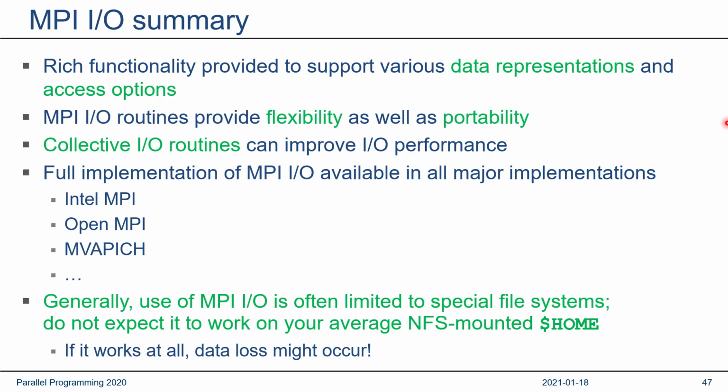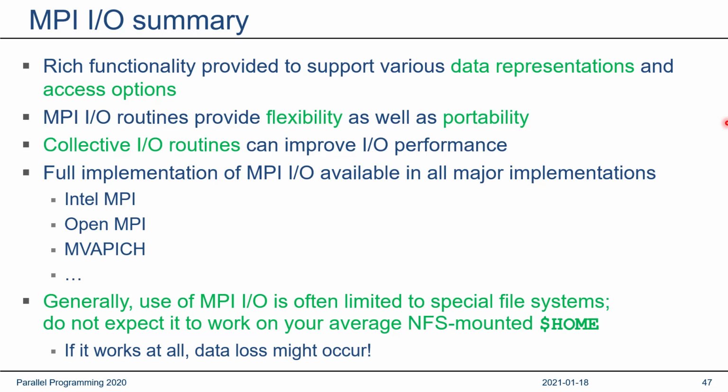If the program semantics allows for collective I/O, you should actually use it because it might be able to improve I/O performance, since MPI has the option of internally optimizing the access when the routine is collective. The situation is quite similar to the message passing part of MPI, where also if you do something that can be mapped to a collective, then you should do it to give MPI the option to optimize what's going on in the background.